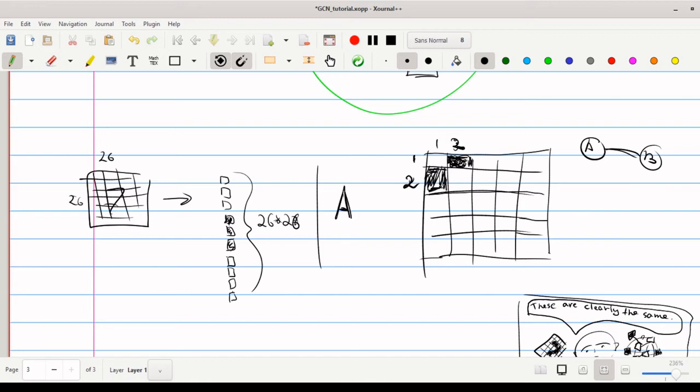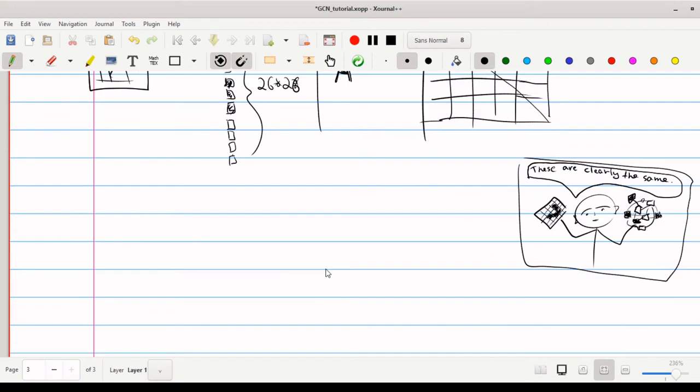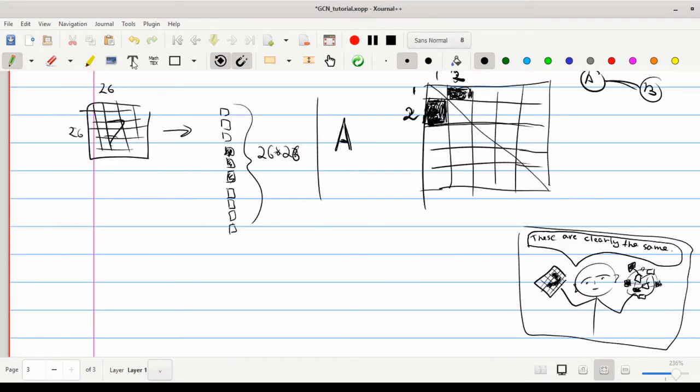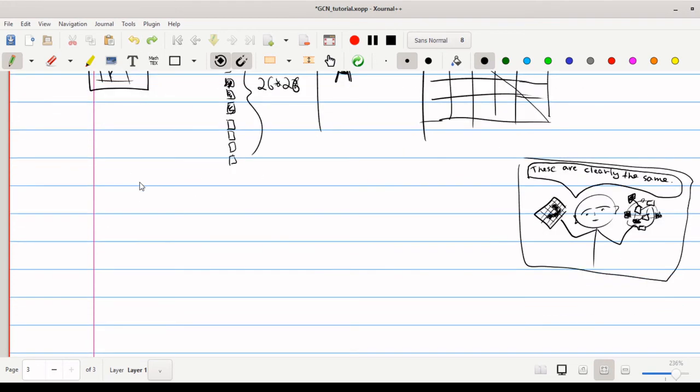I hope that you have some background on matrices, but I also hope that this is intuitive, even without a course on linear algebra. Essentially, the matrix is going to be symmetric across the diagonal. So in more general terms, this is the feature description of every node.